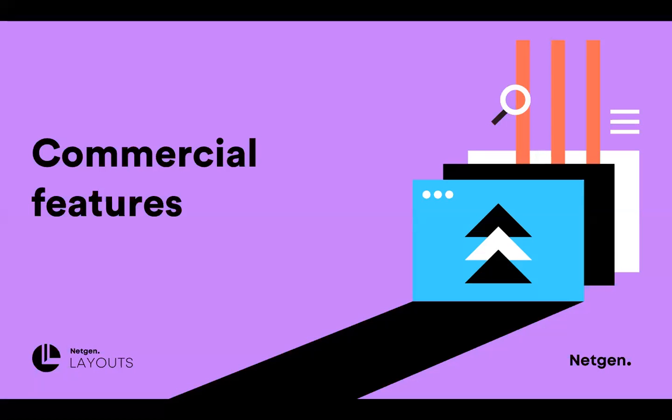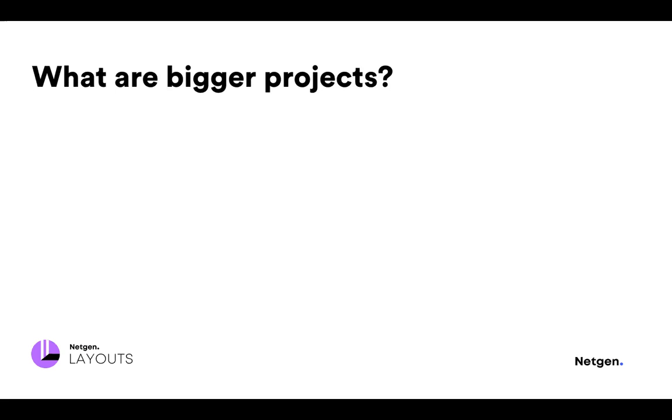You are probably asking, what are the commercial features? When we were deciding what parts of the product will be commercial and what not, the main driver was: how do we define what features are really useful for bigger projects but not necessary for smaller projects?